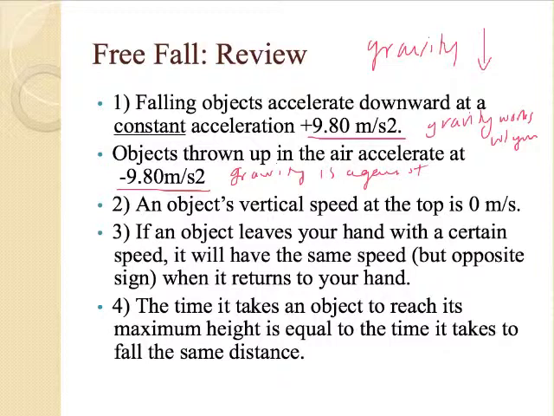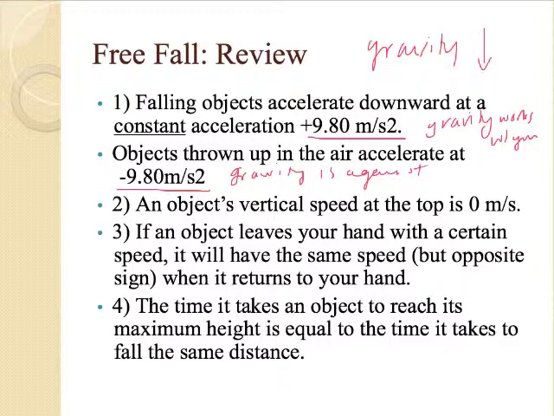Another rule to remember is that with free fall, the vertical speed at the very top is always 0. Another thing to remember, if an object leaves your hand with a certain speed, say 5 meters per second, and it comes back to your hand at the exact same height, it returns with the exact same speed, 5 meters per second.